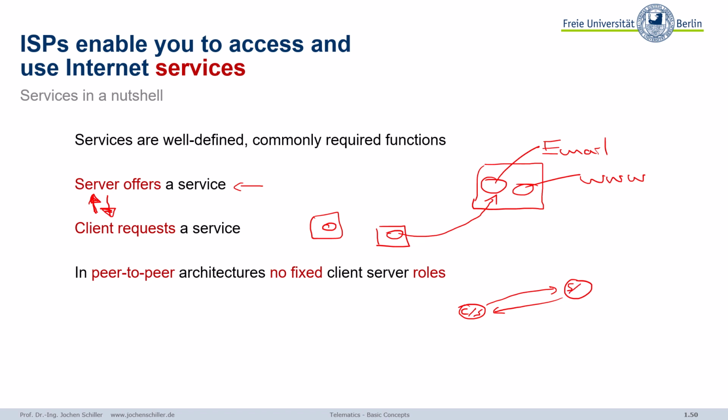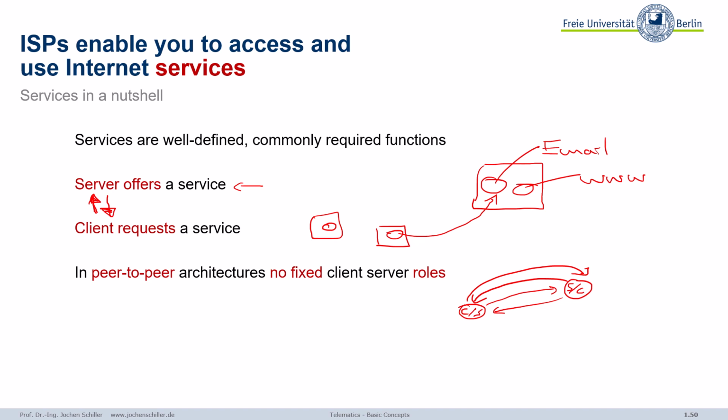But also, the other system could act as a client and ask something from the first system, and then this first system acts as a server and answers. So in peer-to-peer networks, you don't have the fixed roles of this is a server and this is a client.